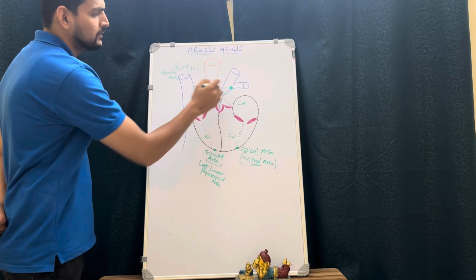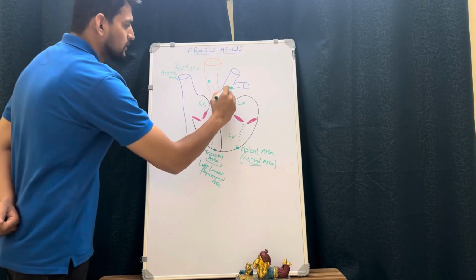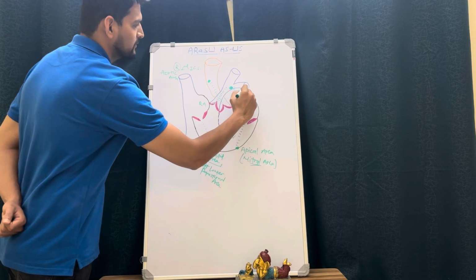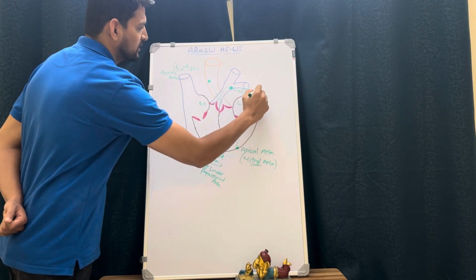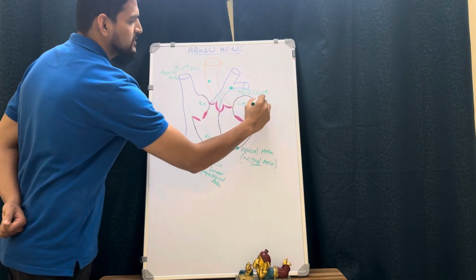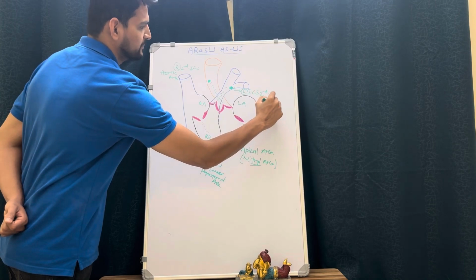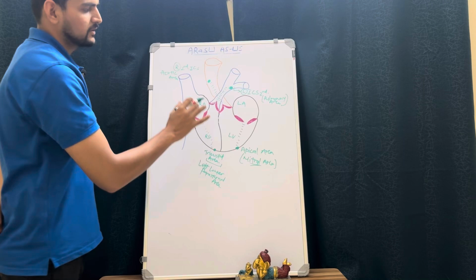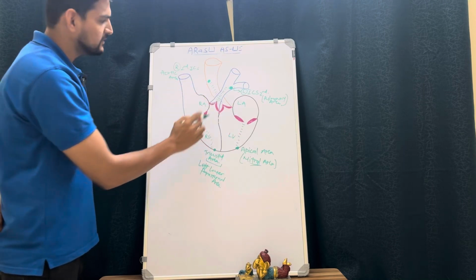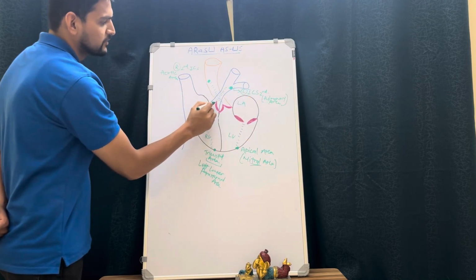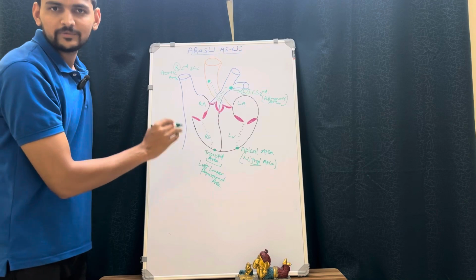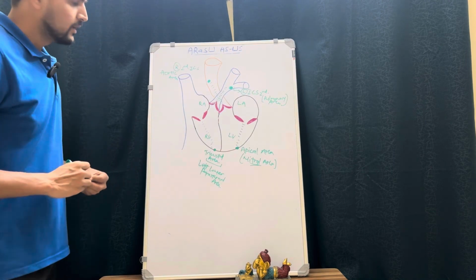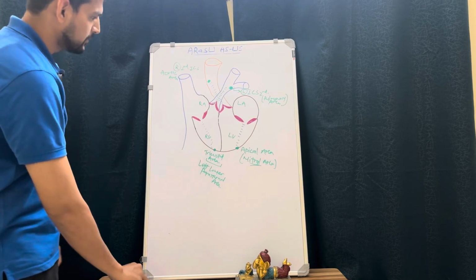Here it is A2, here it is P2. This sound is better heard at a surface marking of the left second intercostal space, which is also called the pulmonary area. As with the other three areas, here also the pulmonary area is not exactly over the pulmonary valve. So this is the correlation which we have to know when we are examining the cardiovascular system.